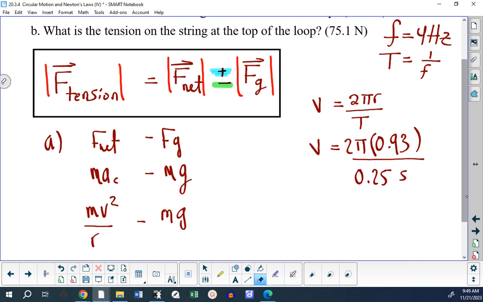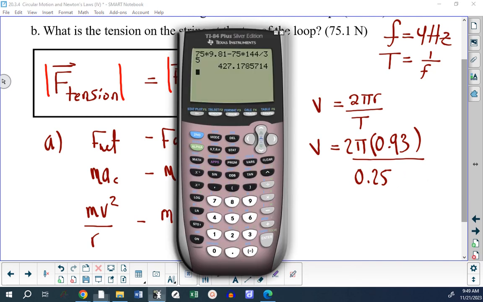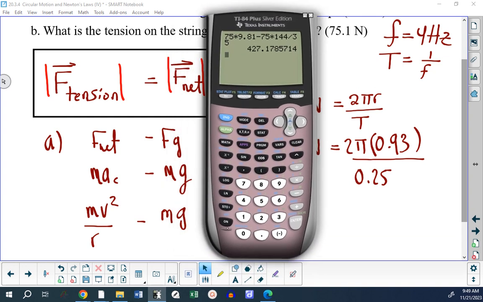I left the units out for the radius. I'll leave them out for that as well. So now what we can do, and I'm going to finish the rest of this question on my calculator rather than writing a bunch of stuff, is I can take 2 times pi times the radius of 0.93 divided by 0.25, and this is the speed. And now I can take mv squared over r minus mg.